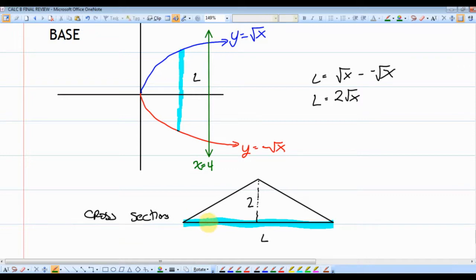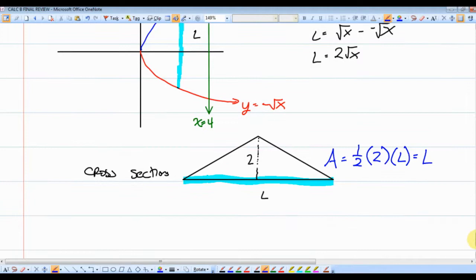Okay, what is the area of the cross section? Half times 2 times L. That's my cross section, right?